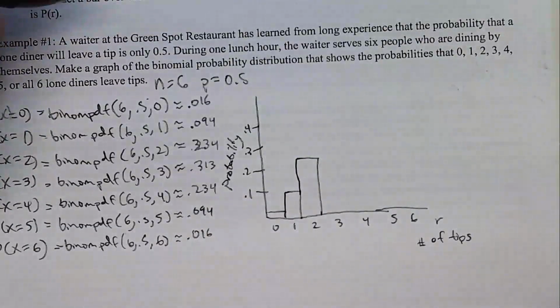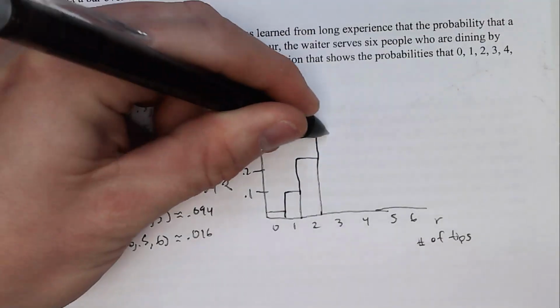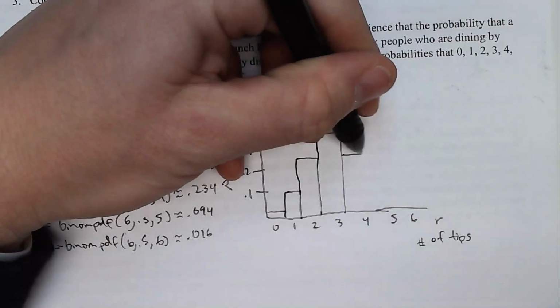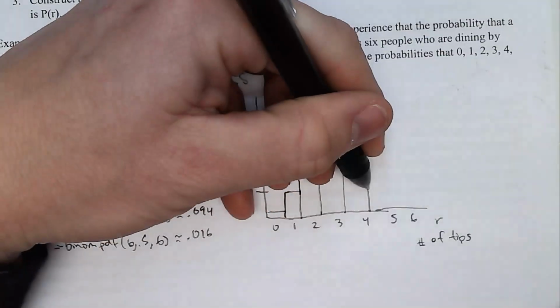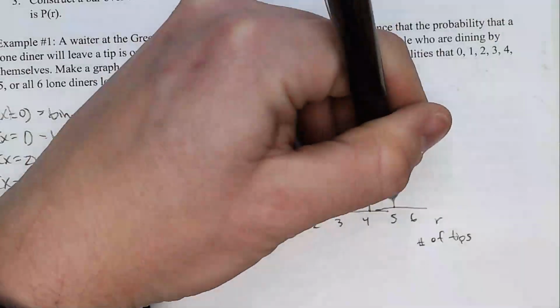For 3, I'm going to go to 0.313, a little above 0.3. For 4, I'm going to go to 0.234. Notice what's happening here. For 5, 0.094, a little below 0.1. And then 6 is 0.016.